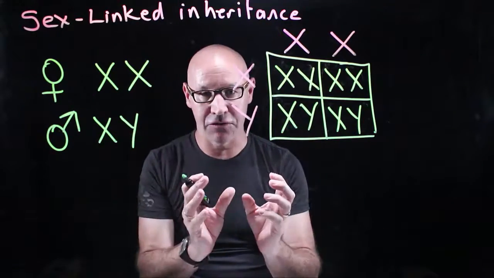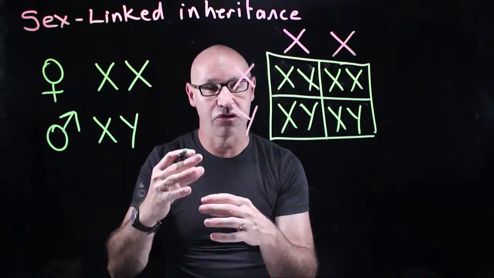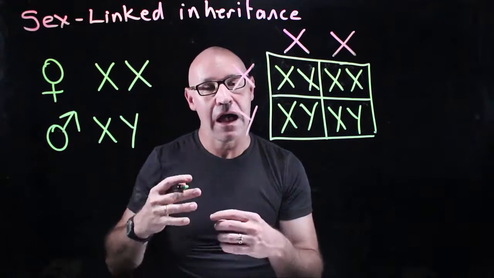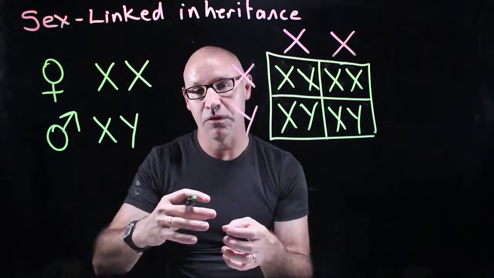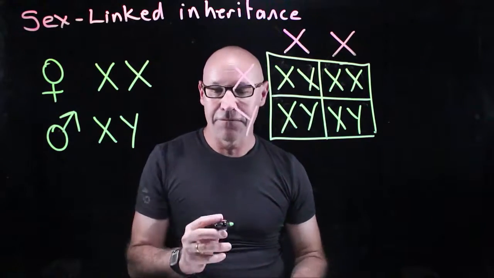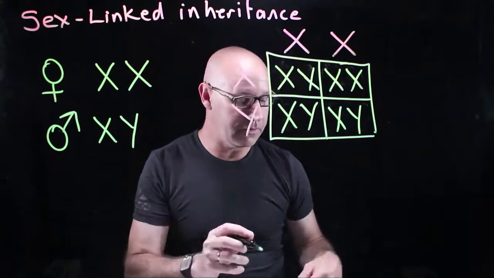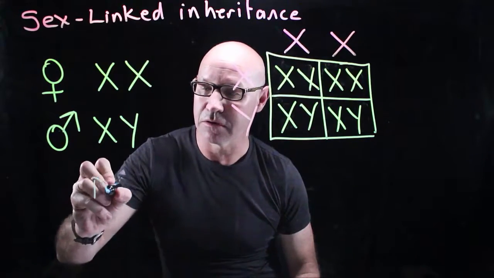But on the X chromosome, there are genes that control a number of different things. And also, interestingly, there are a number of diseases associated with the X chromosome. So, if we have a recessive disorder, for example, Duchenne muscular dystrophy.